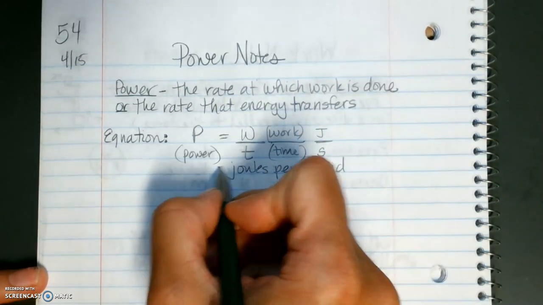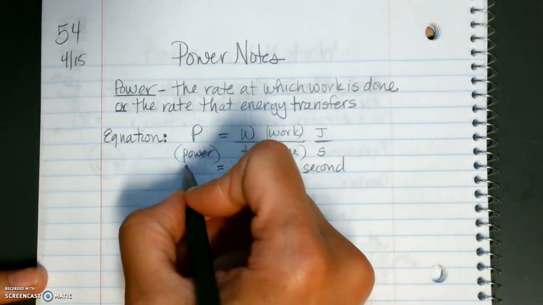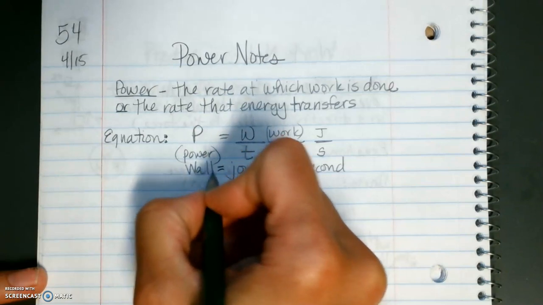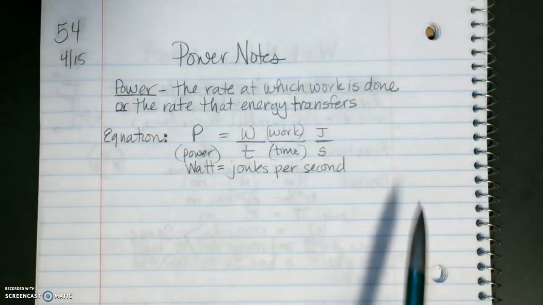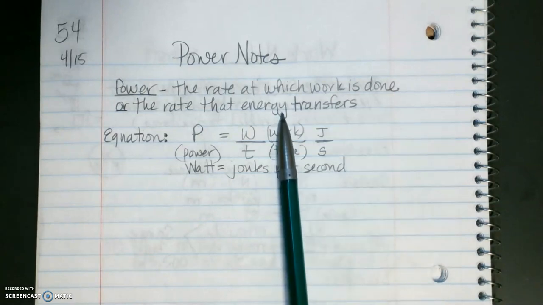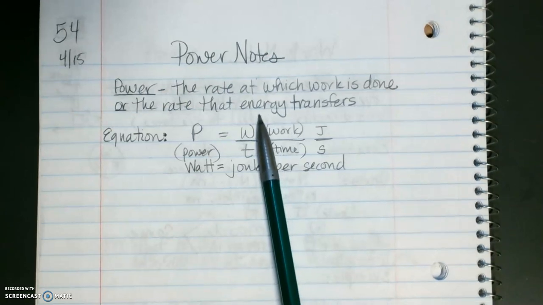So we would say joules per second, but we like to give that a name as for power, which we call a watt. So I'm sure you've heard that before. So this is where it comes in as energy transfer. Go look at your power bill for your house, and you might notice that they're going to report it in kilowatts per hour.